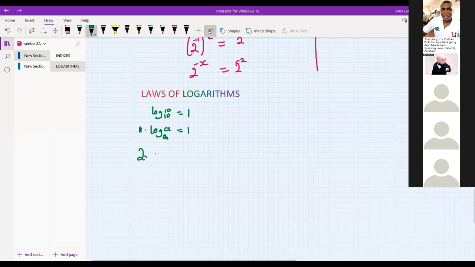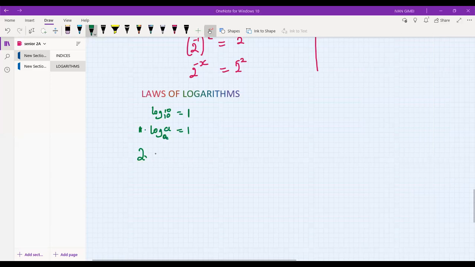A moment. Okay. Let me see what has happened here. What is going on? I think things have gone back to normal. Yes, screen.